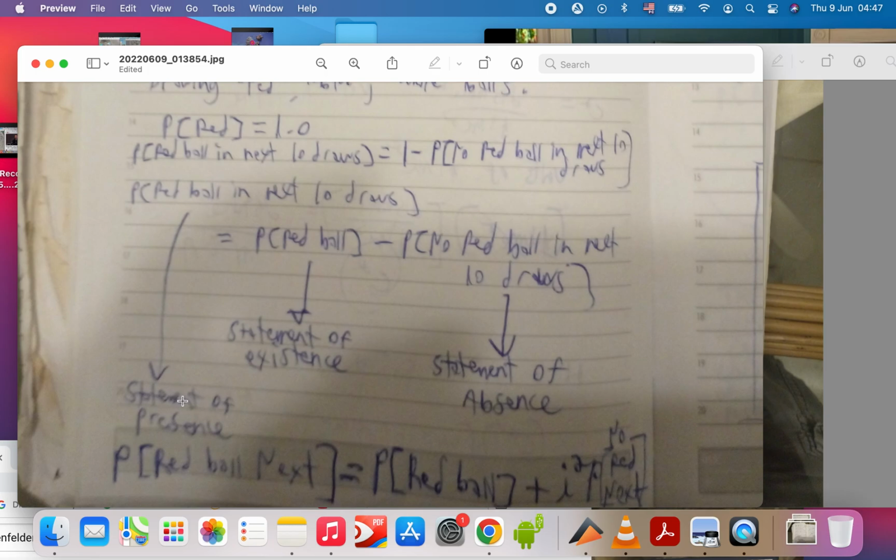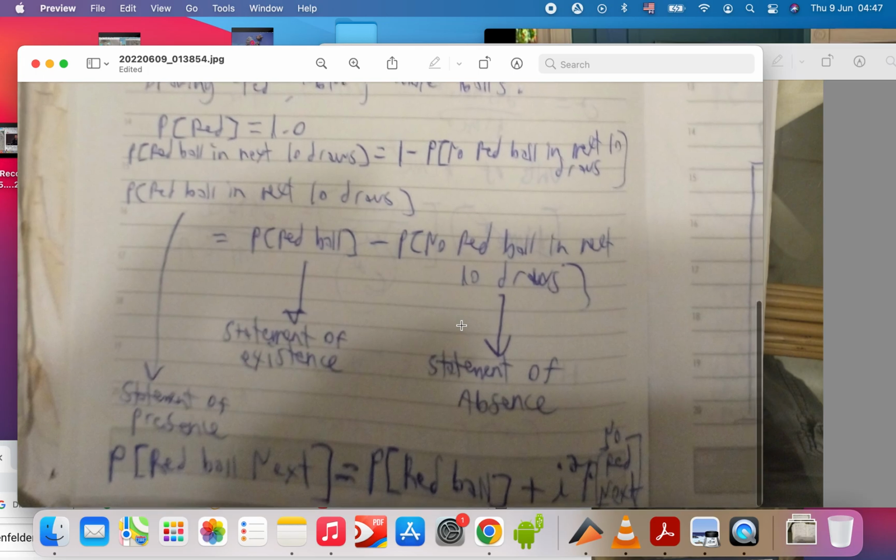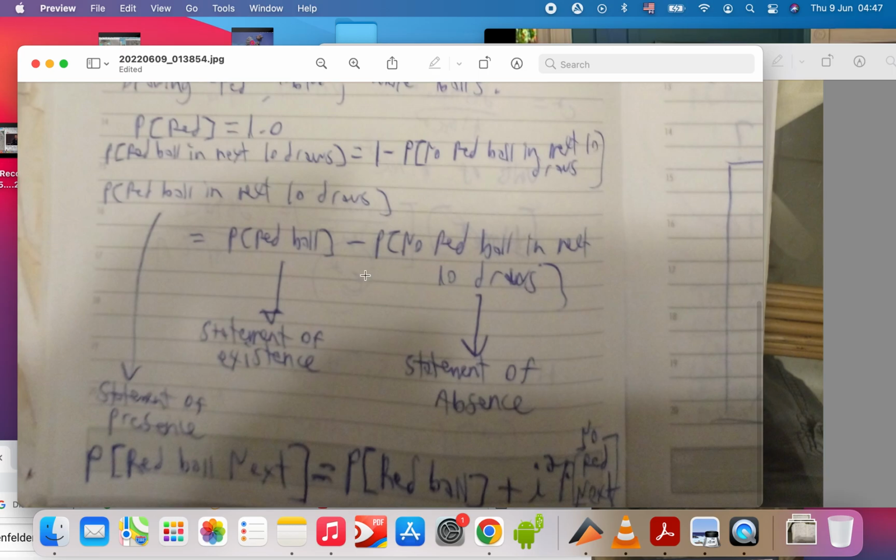So the statement of presence is the difference between the statement of existence and the statement of absence, but we don't want negative signs at all, so we're going to replace this negative sign by plus i squared.